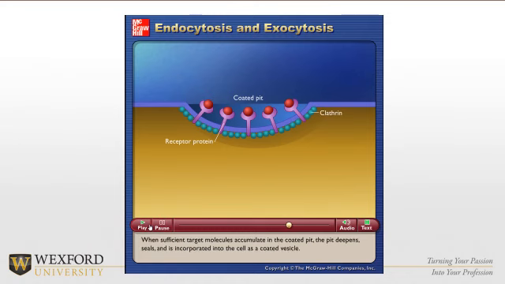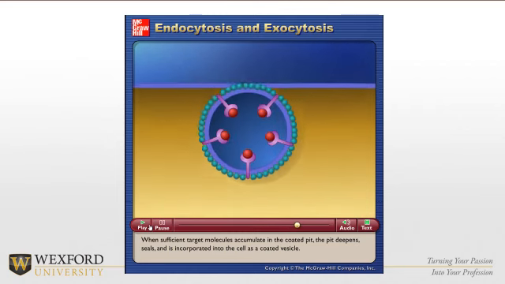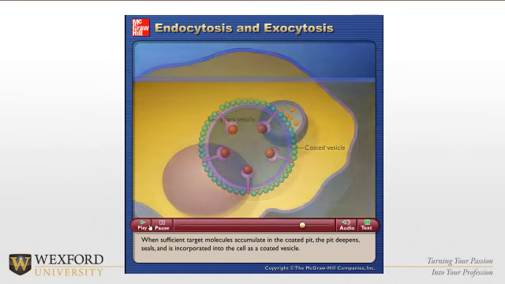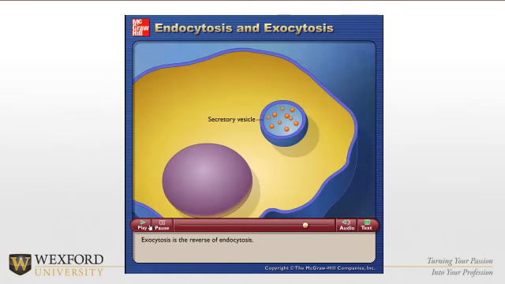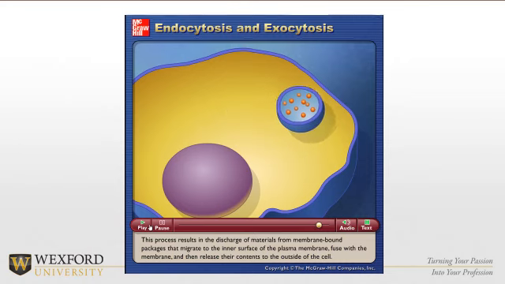When sufficient target molecules accumulate in the coated pit, the pit deepens, seals, and is incorporated into the cell as a coated vesicle. Exocytosis is the reverse of endocytosis. This process results in the discharge of materials from membrane-bound packages that migrate to the inner surface of the plasma membrane, fuse with the membrane, and then release their contents to the outside of the cell.